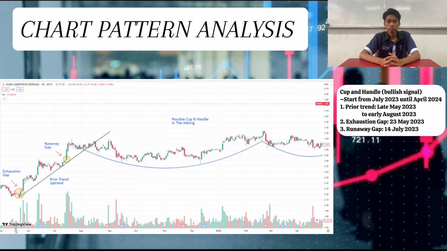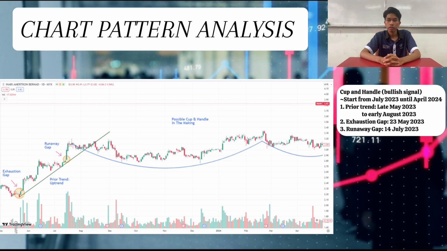An exhaustion gap typically occurs at the end of a significant uptrend or downtrend and indicates a potential reversal. It is characterized by high trading volume and a sharp price movement. In this chart, at the end of a downtrend, it indicates a change of trend and leads to an upward reversal.